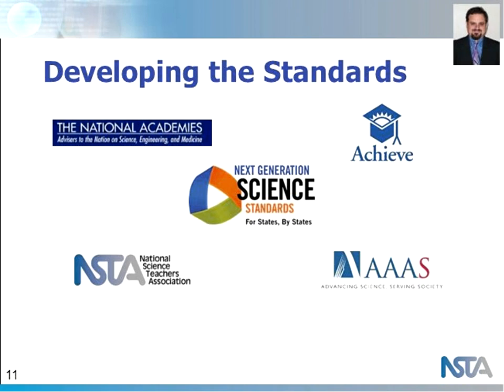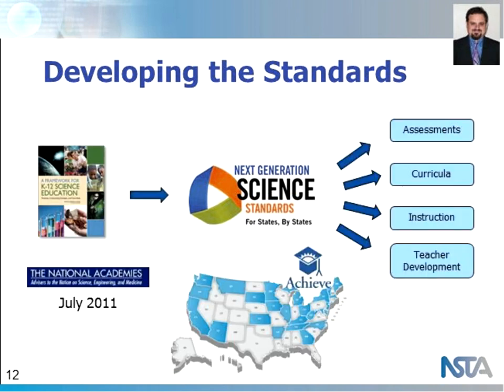I'll go through here and start off with the point that developing the standards is an effort of four organizations: the National Academies, Achieve, the American Association for the Advancement of Science, and NSTA, my favorite. There's a multi-step process going on here.